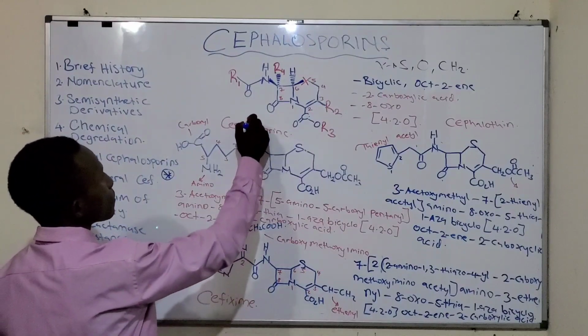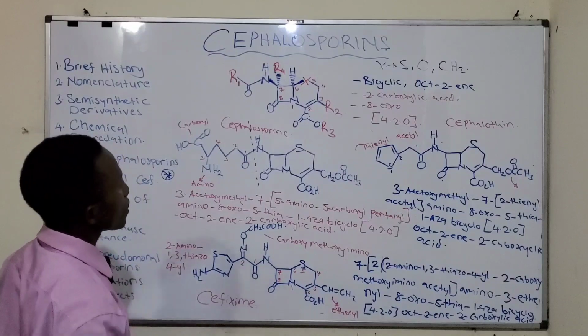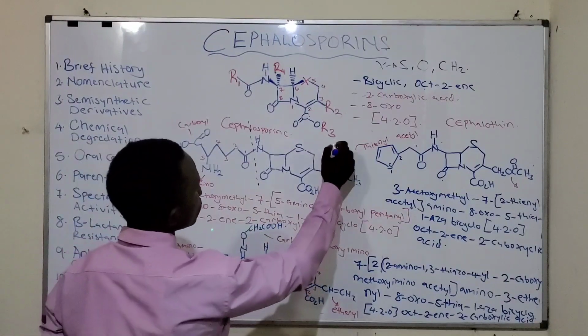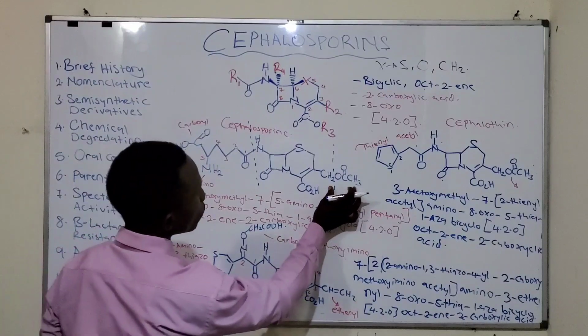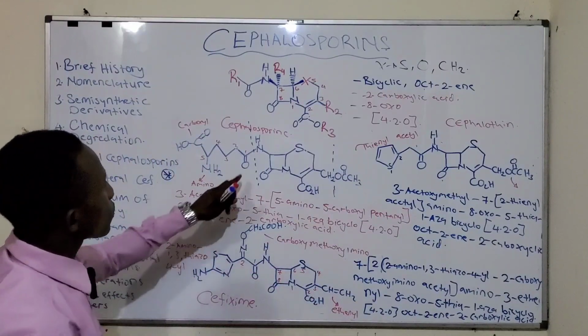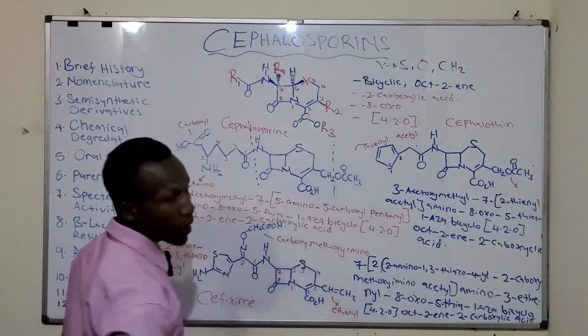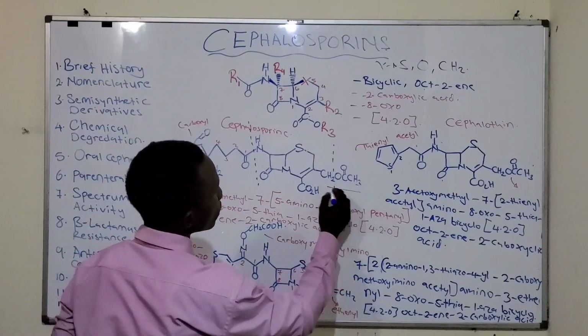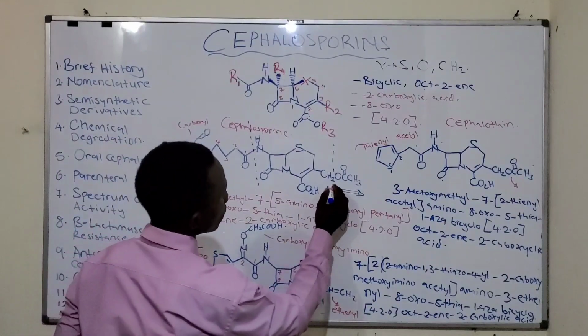They found that this group could be cleaved to synthesize other cephalosporins, and this group is a highly labile leaving group. So meaning that cephalosporin C was mainly parenteral, because this leaving group can't withstand the GIT acidity.